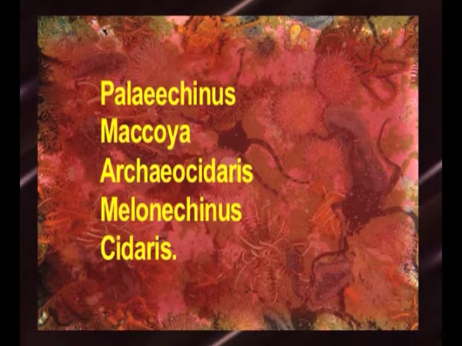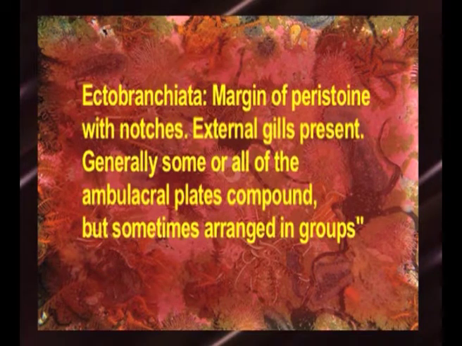Number 1, Endobranchiata, includes the Palaeechinus, Melonechinus, Archaeocidaris and Cidaris. Number 2, Ectobranchiata: margin of the peristome with notches, external gills present, generally some or all of the ambulacral plates compound, but sometimes arranged in groups of 2 or 3 differing in shape and not fused together.